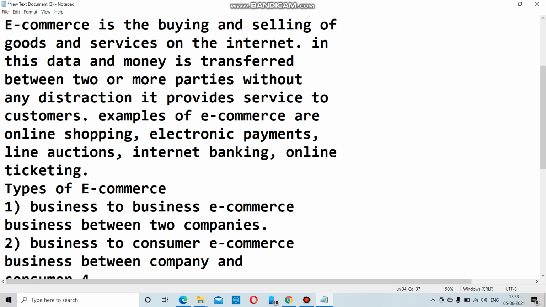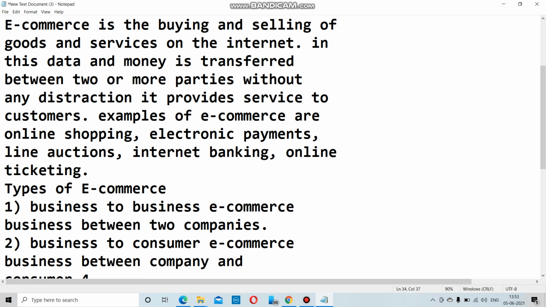There are a lot of examples of e-commerce: online shopping websites, electronic payments, online auctions, internet banking, online ticketing. Websites like Amazon, Flipkart, Snapdeal are the best examples of e-commerce websites, and they also have their applications on Play Store to sell goods and services.